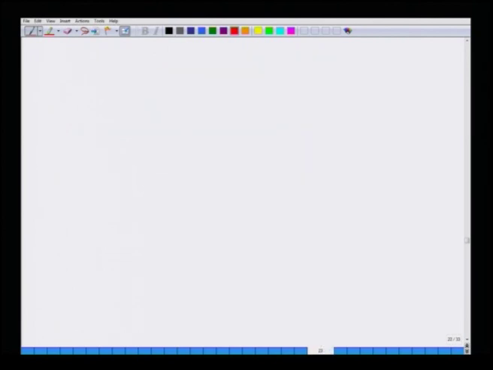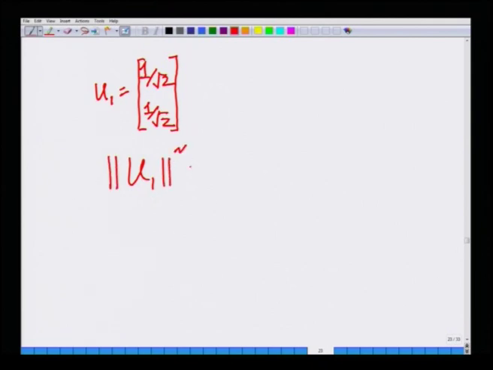For instance, if we take the vector 1 over root 2, 1 over root 2, call it u1, we can see that norm u1 squared equals 1 over root 2 squared, that is half plus half, equals 1. So, this is unit norm.